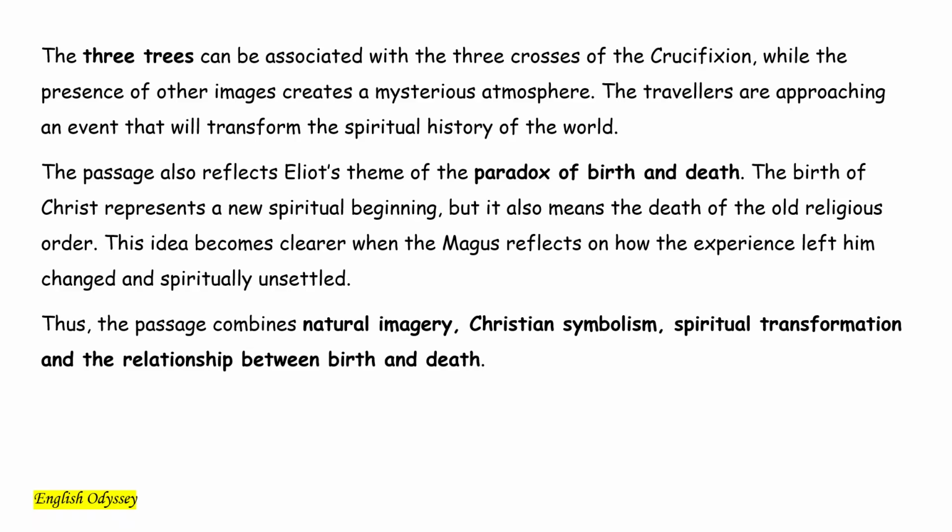These images are not simply descriptions of nature, they also carry Christian symbolism. The trees, for example, can be associated with the crucifixion. The passage therefore reflects spiritual transformation and the connection between birth and death.